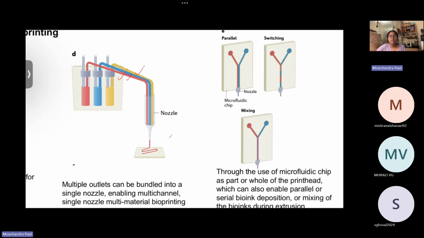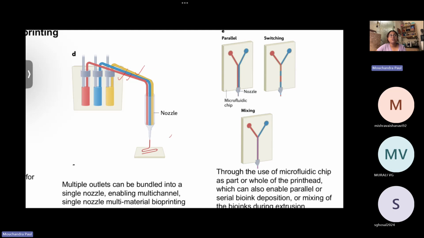That's a good question. So think that all materials cannot be mixed with each other uniformly, right? Let's say Bioink A has a different viscosity. Maybe it's very viscous. Bioink B is like water.